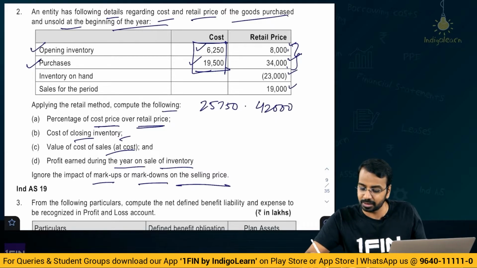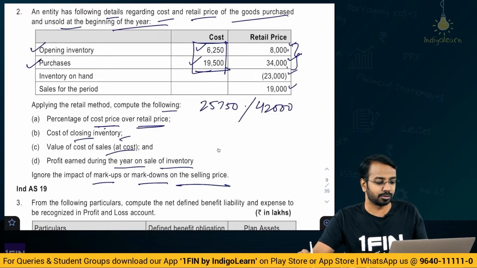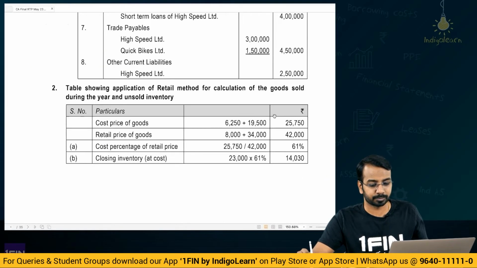So now percentage of cost price over retail price. So basically what is the percentage of this? 25,750 divided by 42,000, you get 61%. So this is the percentage of cost price over retail price.